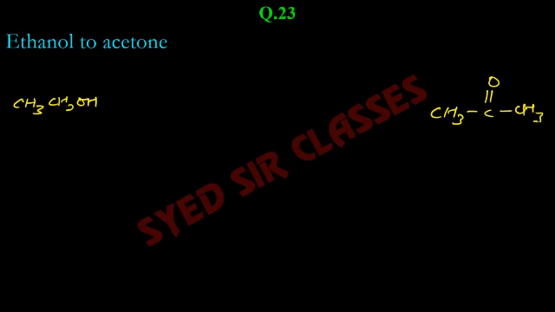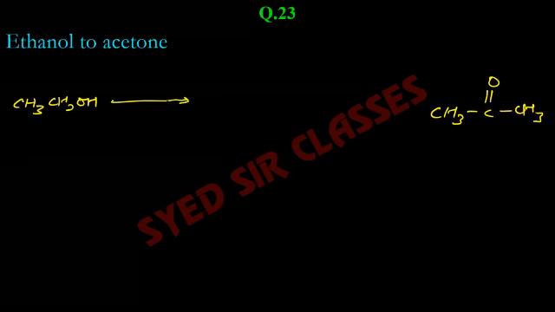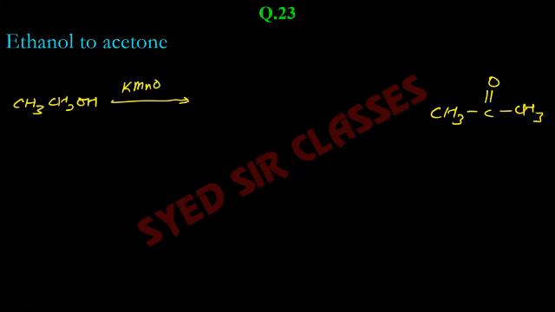Okay, so what we do in such cases, in this case first we oxidize the OH group to acid group. For that obviously you can use KMnO4 with H2SO4, and it will be CH3COOH.